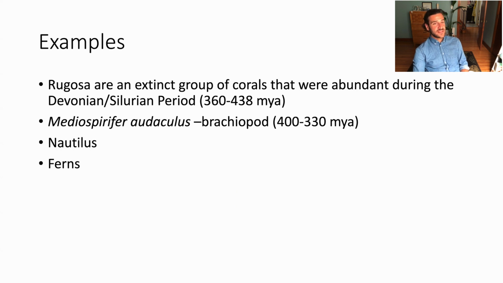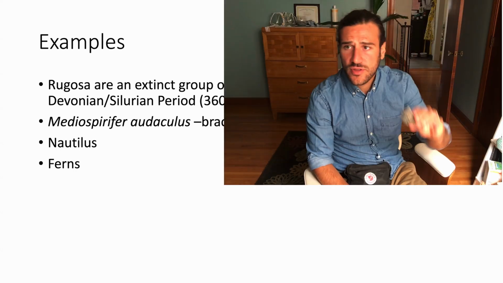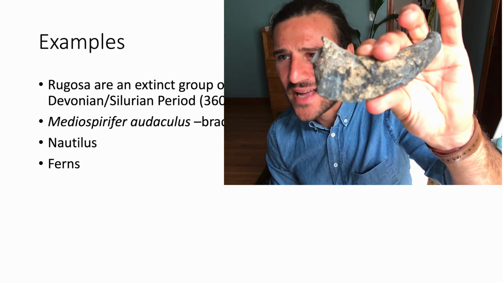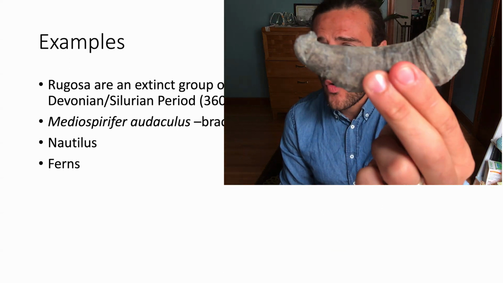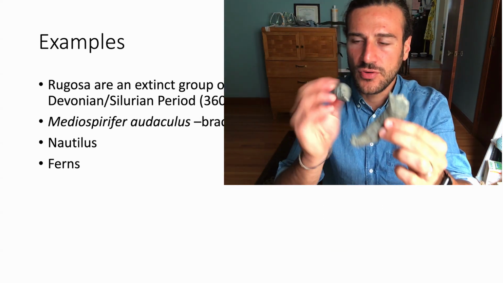Now I have some examples of fossils here from the Finger Lakes region. I found these rugosa corals. There are these little staghorn fossils here, and they are about 400 million years old, and I actually have two of them.